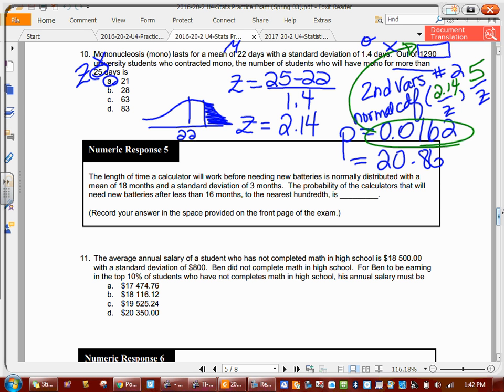The probability that calculators will need new batteries if they last less than 16 months to the nearest 100. So we want probability to the nearest 100. In order to find probability, I need to have a Z score. So 16 is my X number. So Z of 16 is equal to 16 minus 18 divided by 3.